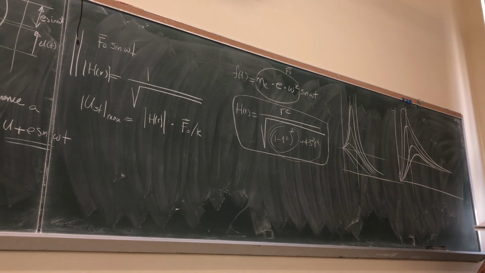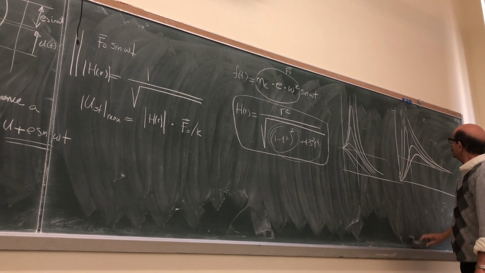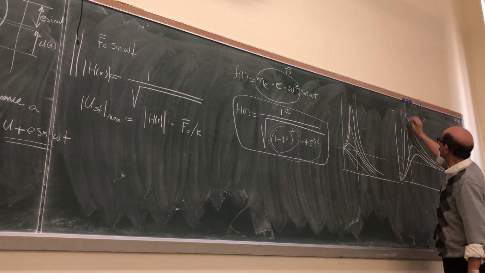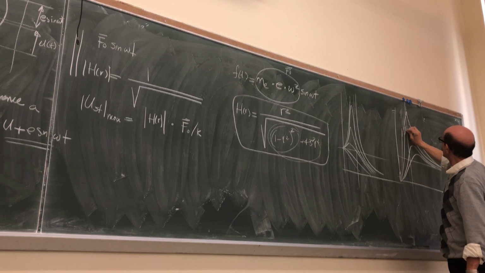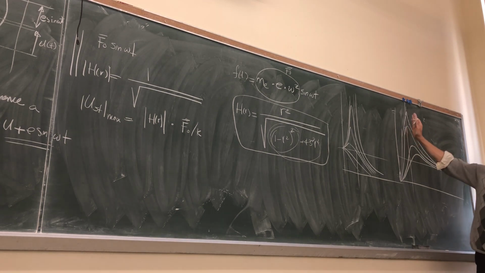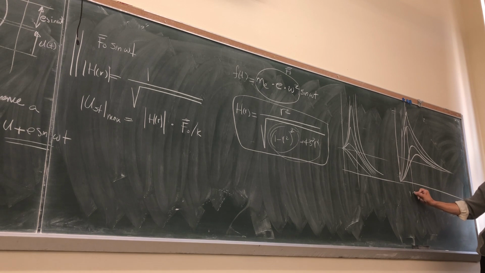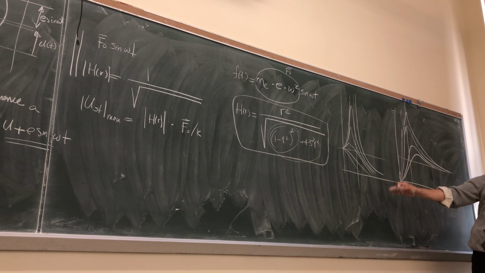In a nutshell, what you see here is something completely different. As r increases, as damping increases, now the peak, instead of being to the left of r equal to 1, is to the right of r equal to 1. And as damping increases, in fact, this peak shifts further to the right of r equal to 1 instead of to the left.